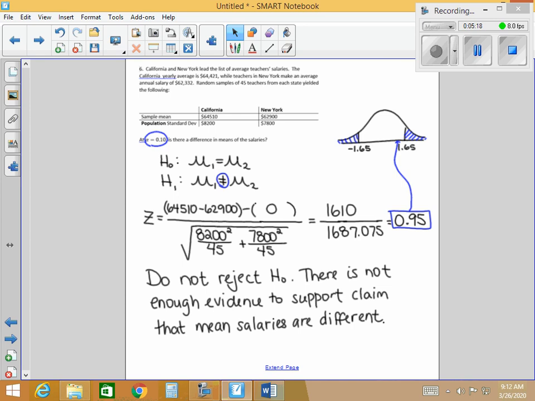We're not going to reject the null. There's not enough evidence to support the claim that the mean salaries of those two states are different. I was not in the rejection region, so I cannot reject the null, not at this level of significance.